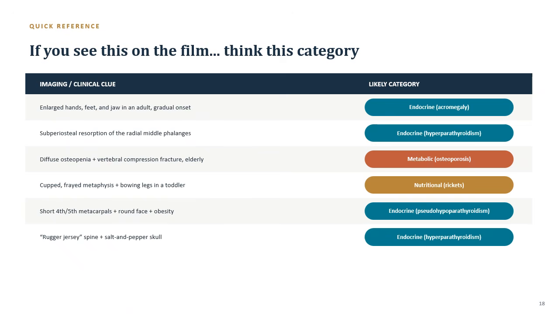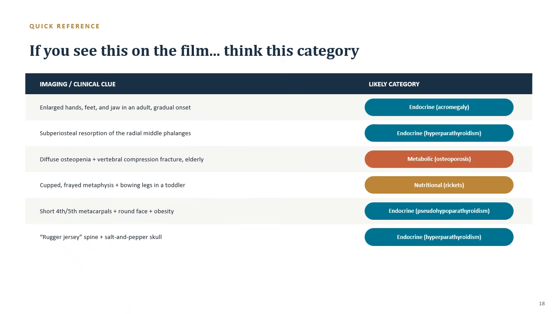To end the chapter, we're going to look at our quick reference chart again, run through a few of the conditions along with their presentation. So the first one is a failure of the endocrine system. So we're looking at acromegaly. In this particular patient, they will present and have enlarged hands, feet, and also their jaw.